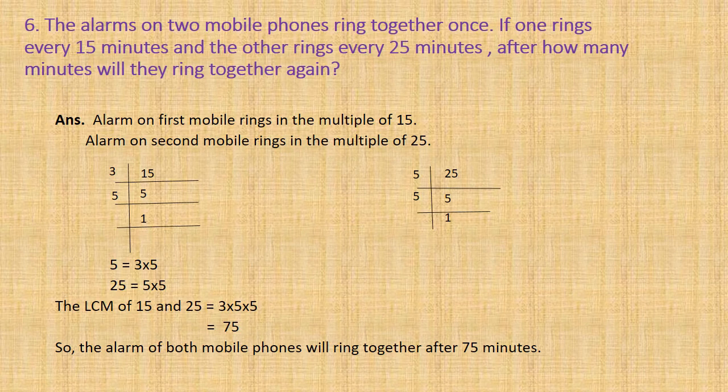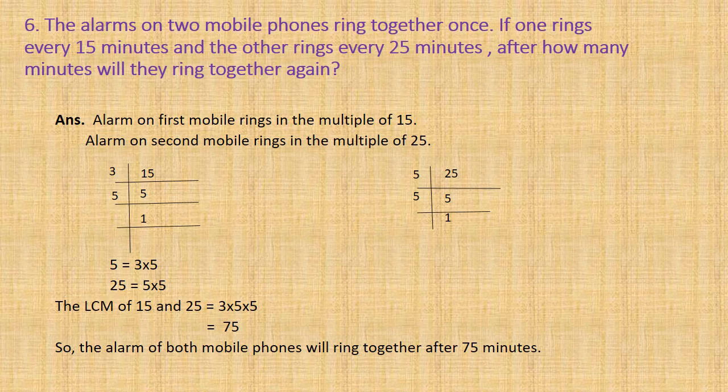Number 6 is: the alarms on 2 mobile phones ring together once. If one rings every 15 minutes and the other rings after every 25 minutes, after how many minutes will they ring together? So students, here the first mobile phone's alarm will ring after 15 minutes, means it will ring in multiples of 15. And on the other hand, the second mobile's alarm will ring after every 25 minutes, means multiples of 25.